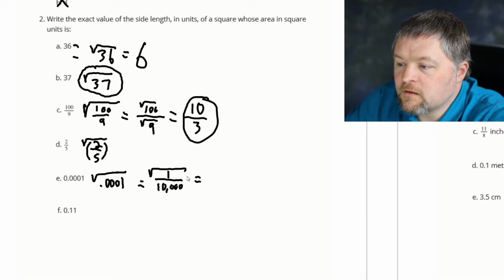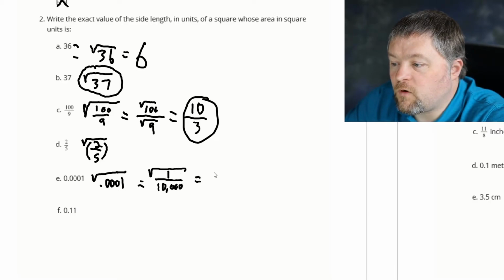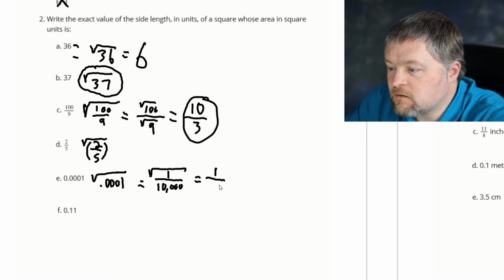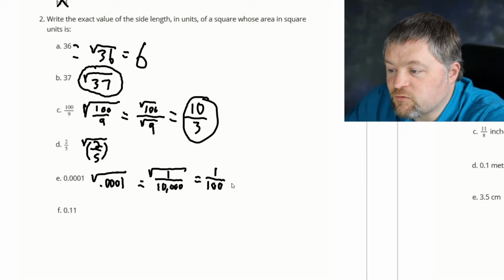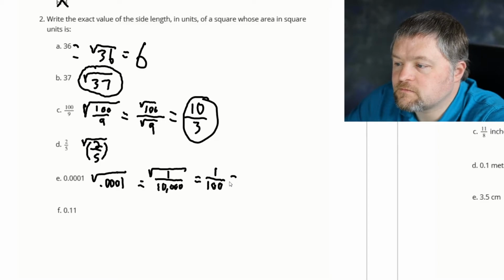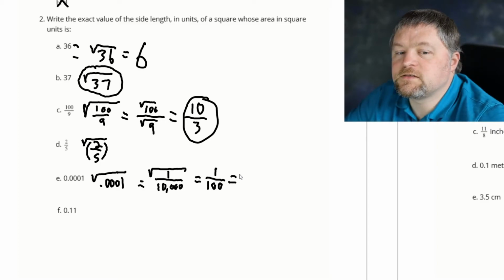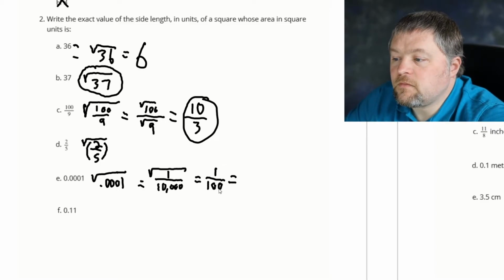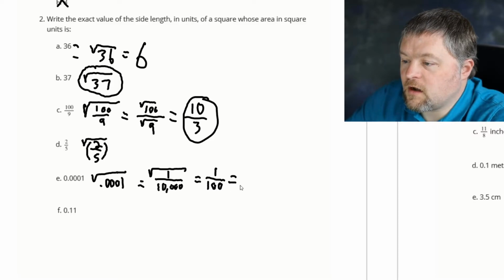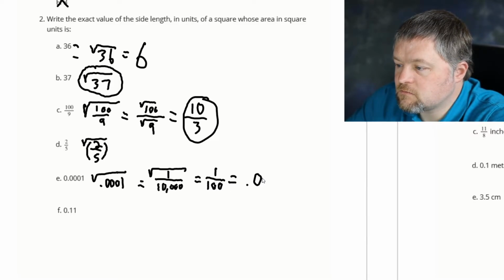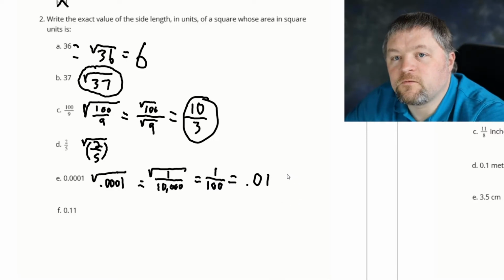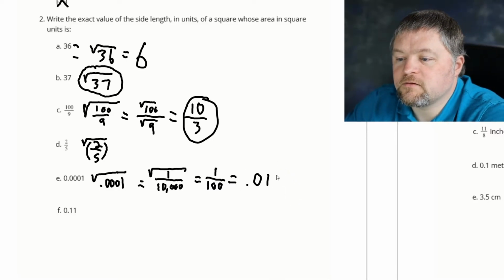The square root of 1 is 1. The square root of 10,000 is 100. What is 1 over 100? That's 1/100th.